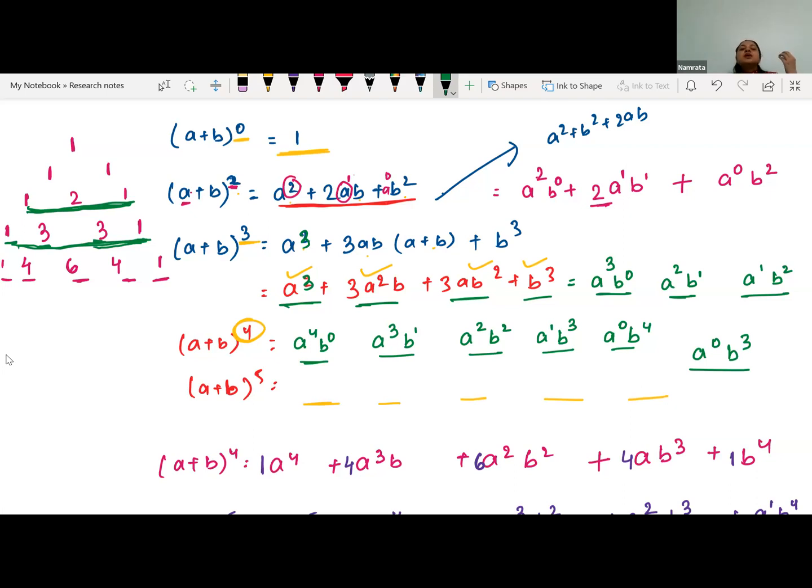It will start from the power 0 and reach the maximum power. This is how we will write the pattern, and from where will we get the coefficient of each and every term? This Pascal triangle will give the coefficient.